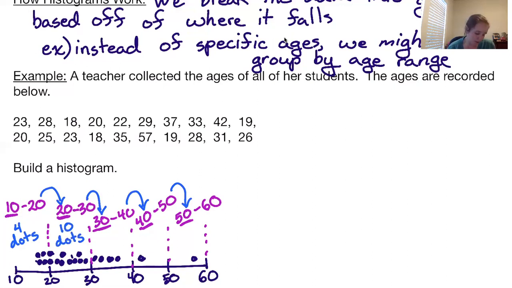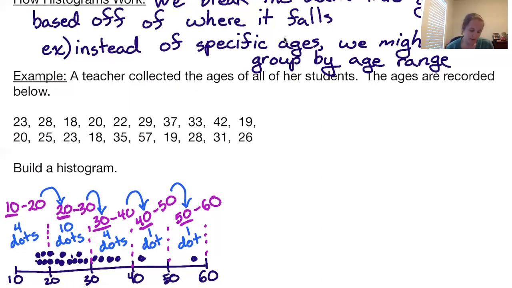From 30 to 40, we have another 4 dots. From 40 to 50, there is just 1 dot, and from 50 to 60, again just 1 dot. So those are all our individuals. We have 4 individuals between ages 10 and 20, 10 individuals in their 20s, 4 individuals in their 30s, 1 in their 40s, and 1 in their 50s.